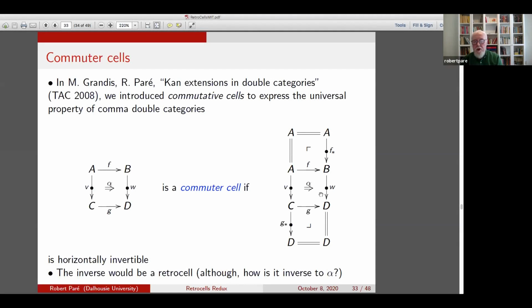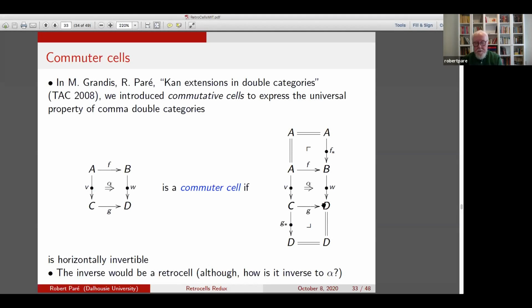We introduced what were called commutative cells, which I think is maybe not the right name. Now I want to call them commuter cells. So a commuter cell is an ordinary cell, but if you flip it up like this, which you can always do, and it has a horizontal inverse, then it's a commuter cell. So you want to say that actually the square really commutes, or it has an isomorphism in it, and that's what it is.